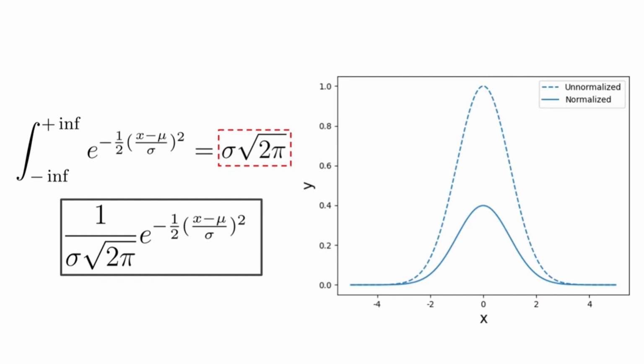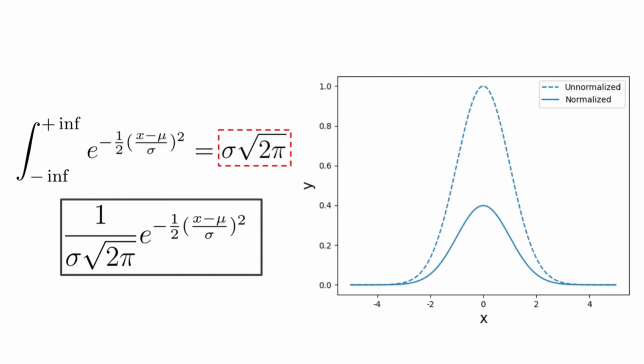But if you take this expression of e to the power minus 1 by 2 times x minus mu upon sigma whole square and integrate it with the limits of integration from minus infinity to plus infinity, as can be seen on this graph, the solution of this integral turns out to be sigma under root 2 pi, provided you know how to integrate.